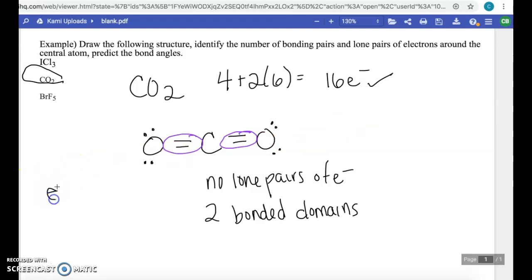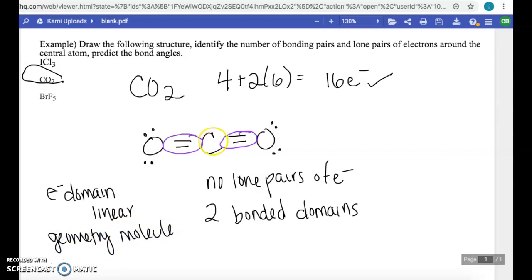So our electron domain is linear, and I would expect it to match our molecular geometry because we don't have any lone pairs on our central atom. Our electron geometry is only expected to be different when we actually have lone pairs of electrons on our central atom.